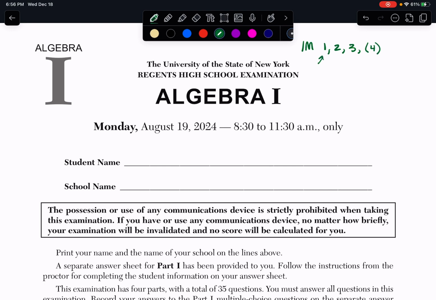So that is one variable statistics, linear equations and inequalities and systems, two variable statistics, and the beginning of functions.